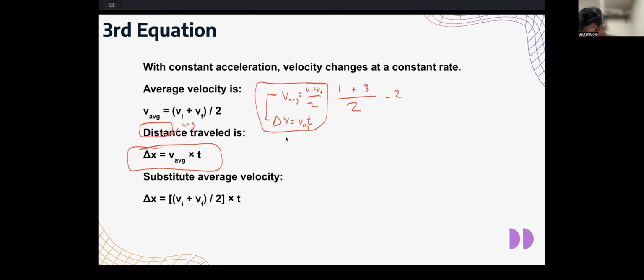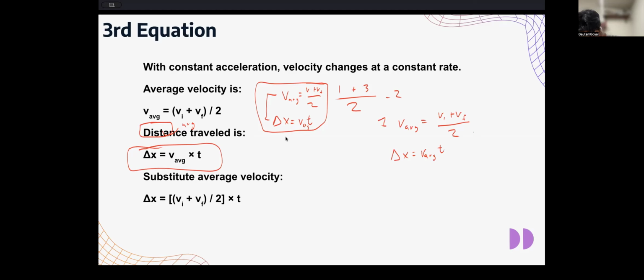Okay, good. I'm going to rewrite that because it's a bit messy over there. The average velocity equals vi plus vf over 2, correct? And delta x is equal to v average times t, correct? These are both definitions we went through.